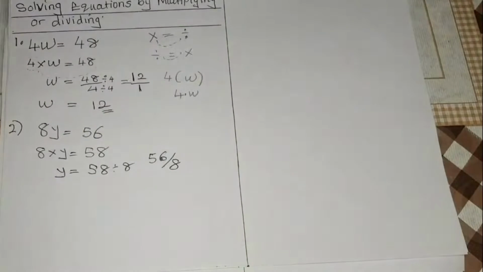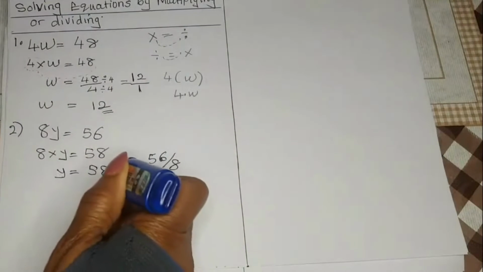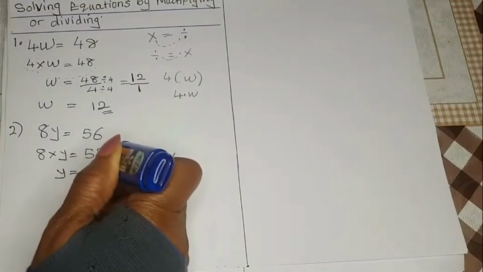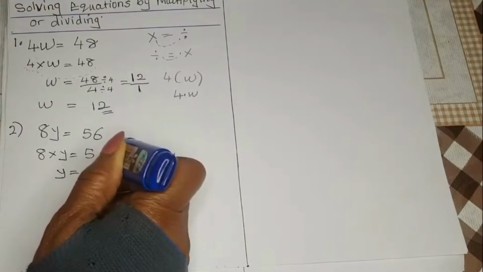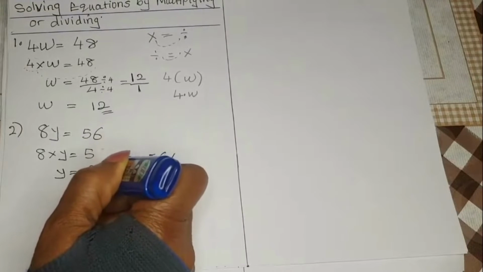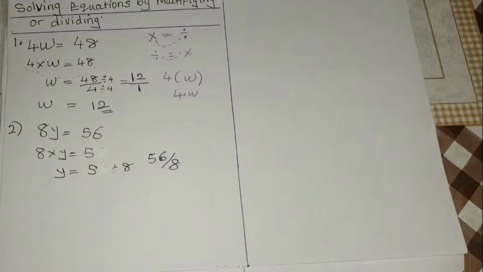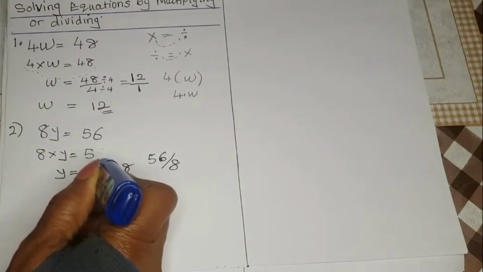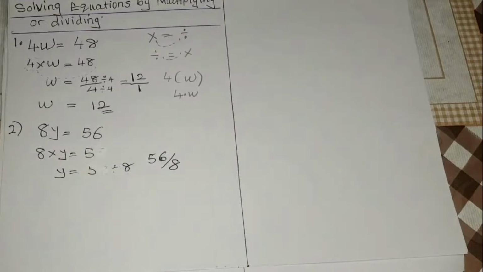56, not 58. Why am I writing 58? 56 divided by 8. My 5 here looks like S. Okay? I will change it to 56 if it dries up.